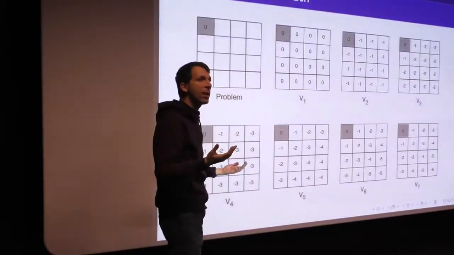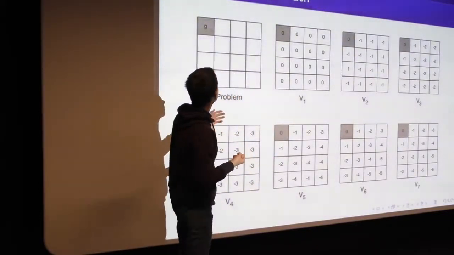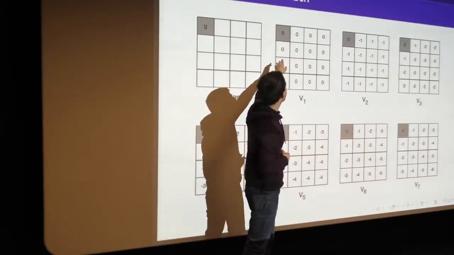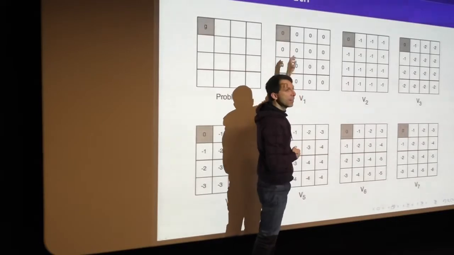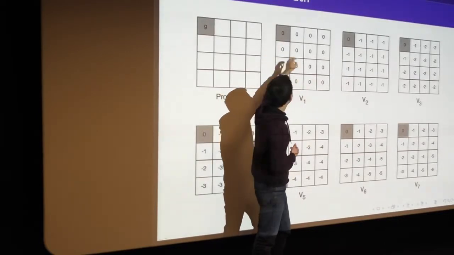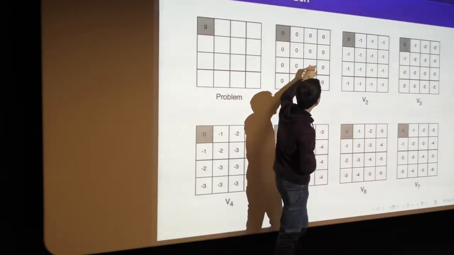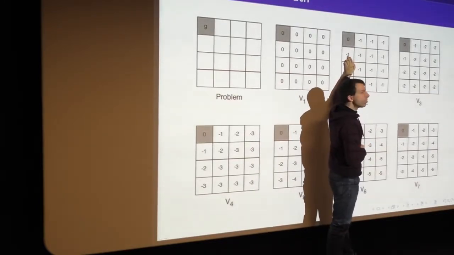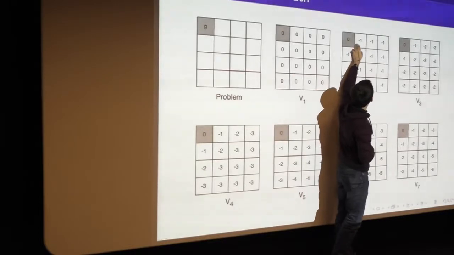And intuitively, the way to solve such problems is that you can start off with some initial state that tells you that it's 0 at this state here, and then you work your way backwards. Once you know it's 0 here, you know that from each of the states adjacent to that, the cost is -1 to reach that. It takes you 1 step to get there, 1 step to get there.